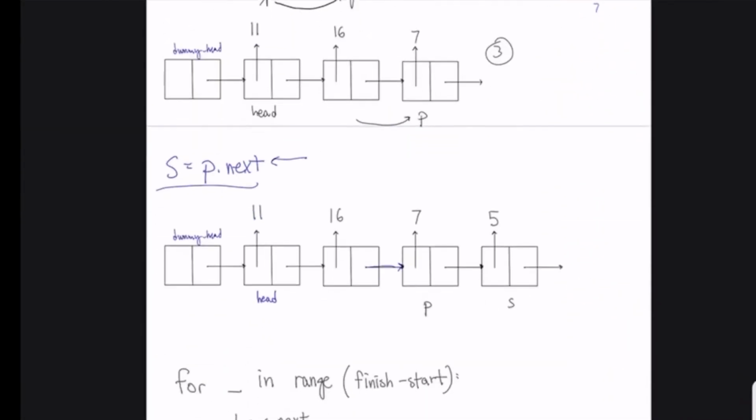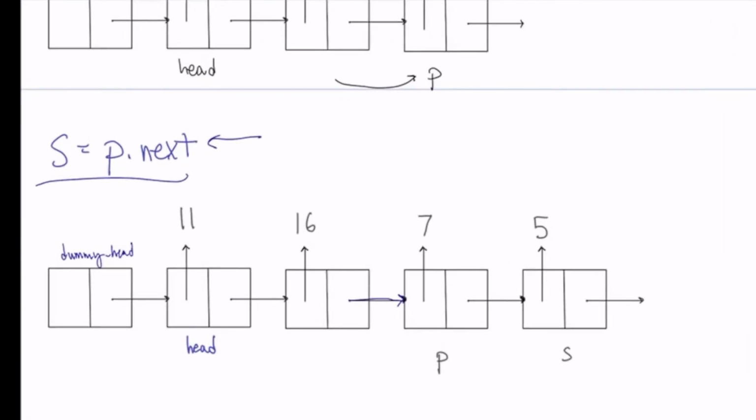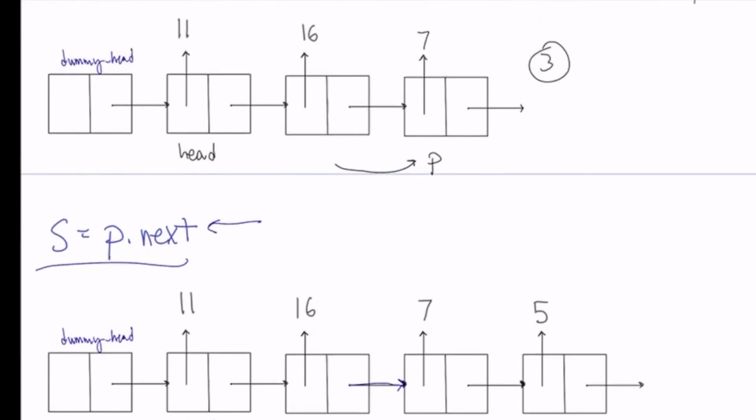So we will put s right here, since this is p.next. So now we have our return linked list like so, with the code that we've written.